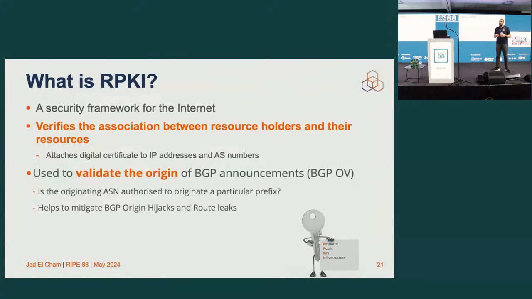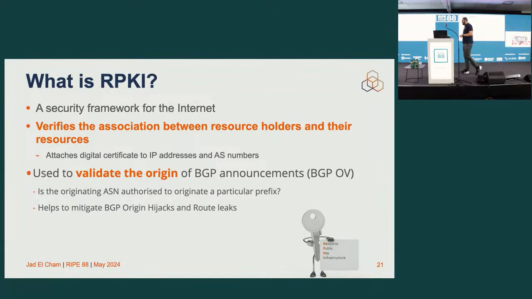And it allows us to verify cryptographically the association between resource holders and their resources. So in other terms, a resource holder, the entity or the person who has a certain range of IP addresses, can decide which organization is going to be announcing these IP addresses. And in addition to this, it attaches digital certificates to these IP addresses and AS numbers.